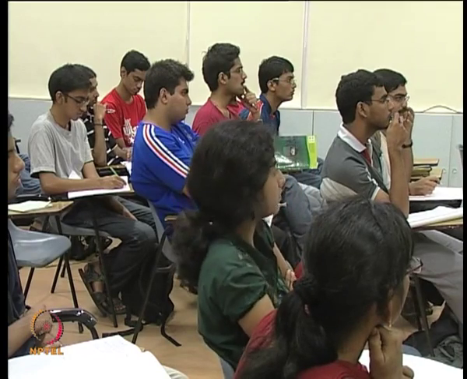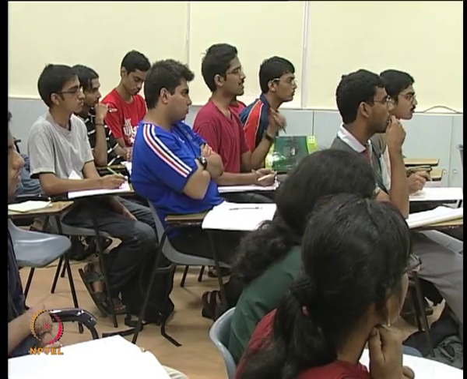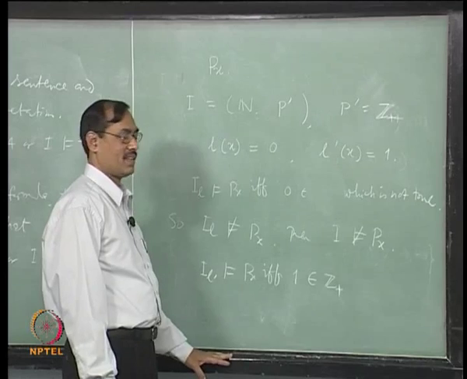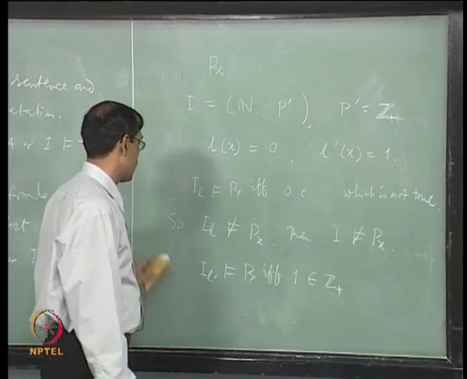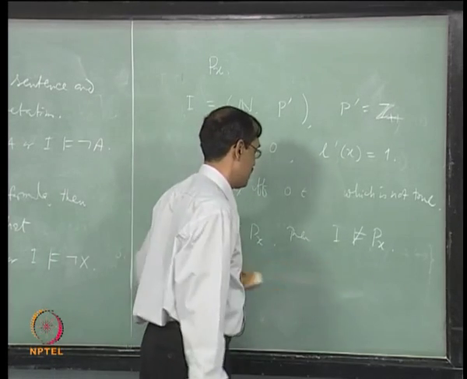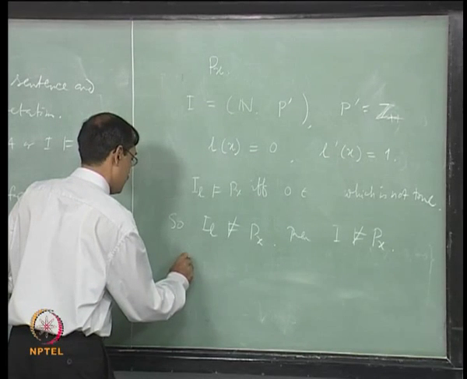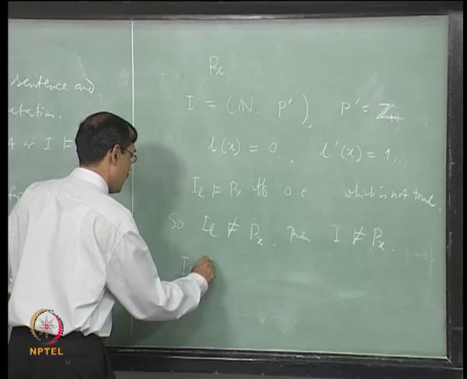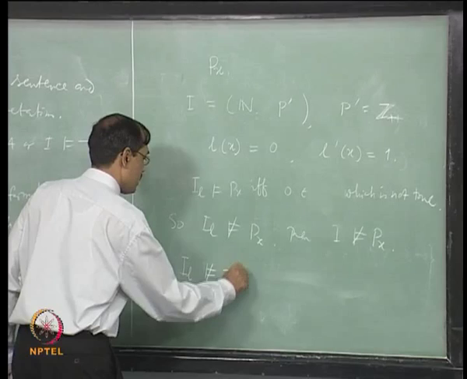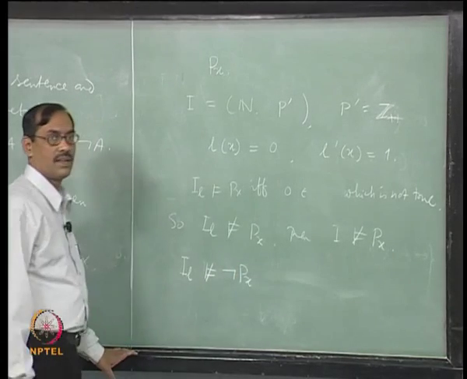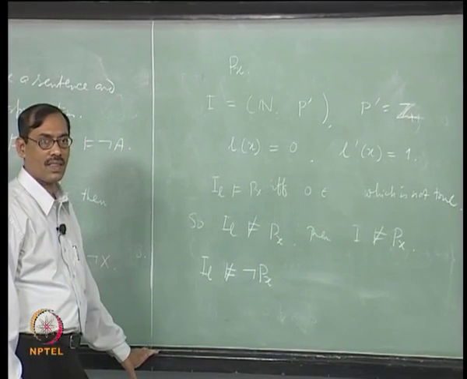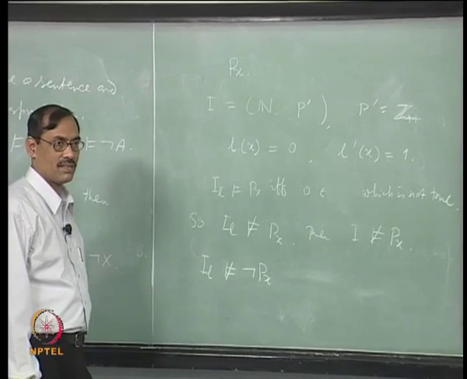We want it for not P x now. Okay, let us try that way. We want to show I L does not satisfy not P x. This is what we want.